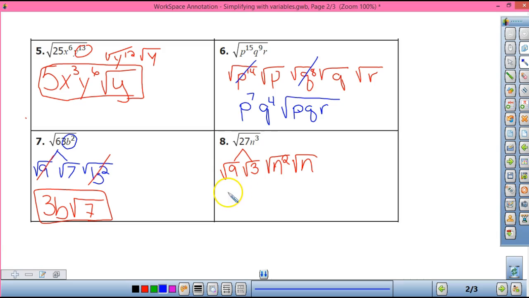Square root of 9 is not the square root of 3, just 3. And that goes away. Can I simplify the square root of 3? No. Can I simplify square root of n squared into n? So I got simplified. And then what do I have left for underneath my square root? 3n, because those are the two that couldn't be simplified.